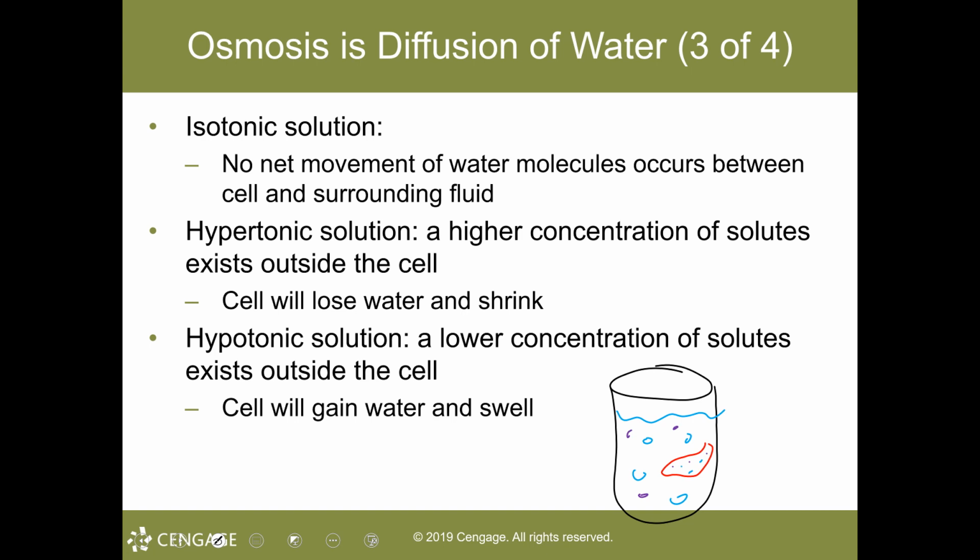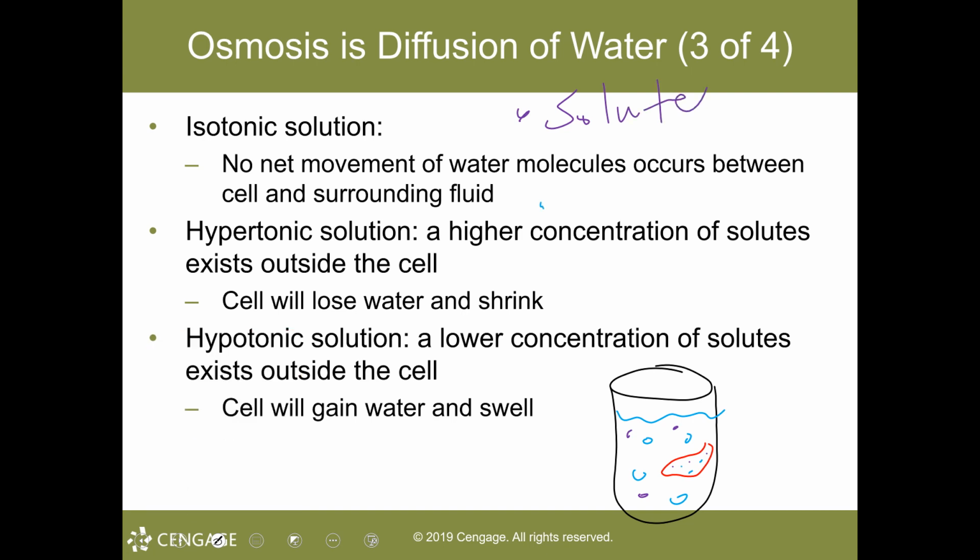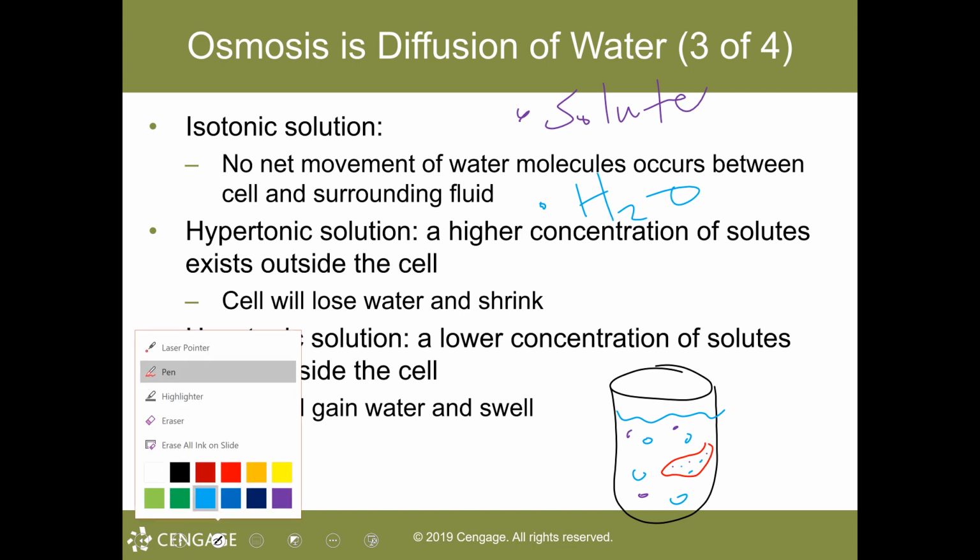And just in case you don't know, I said this is my water. Equal concentrations, class, of both solute and water molecules inside our red blood cell, which is red, and inside that solution, class, which of course is in that beaker. That's why, class, there is no net movement of water.